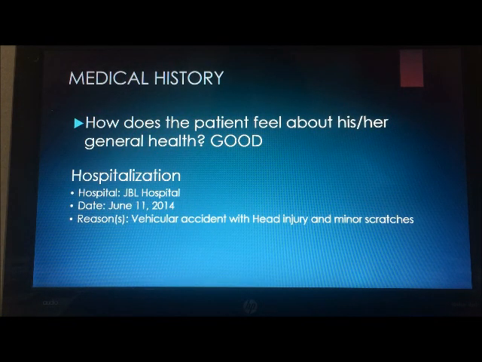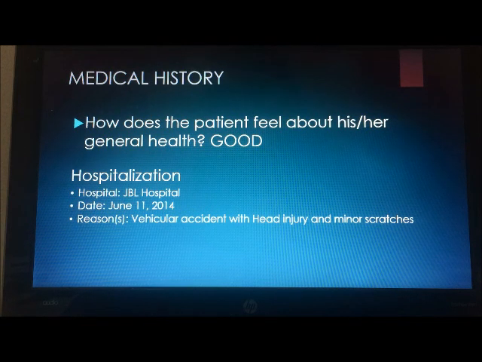The overall general health of the patient is good. He has been hospitalized before at JBL Hospital last June 11, 2014 because of vehicular accident with head injury and minor scratches.